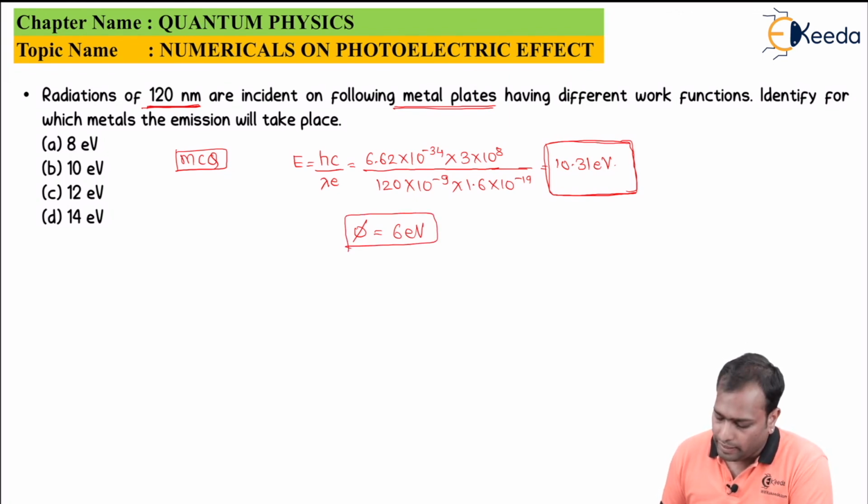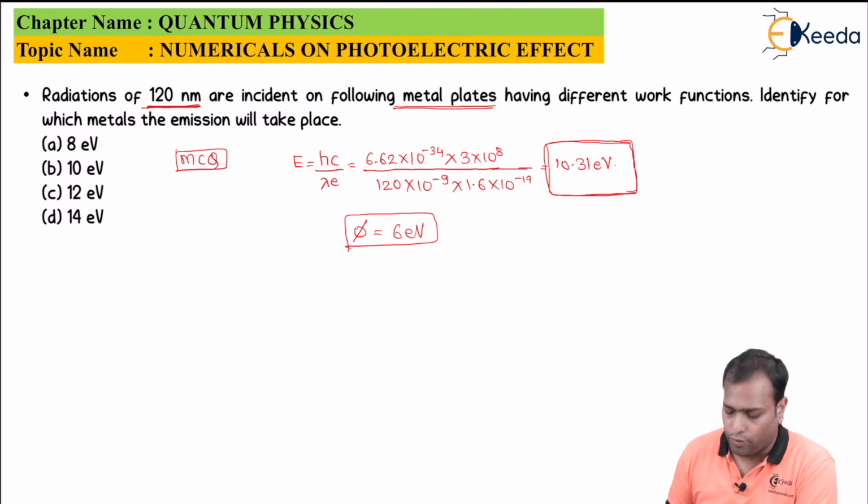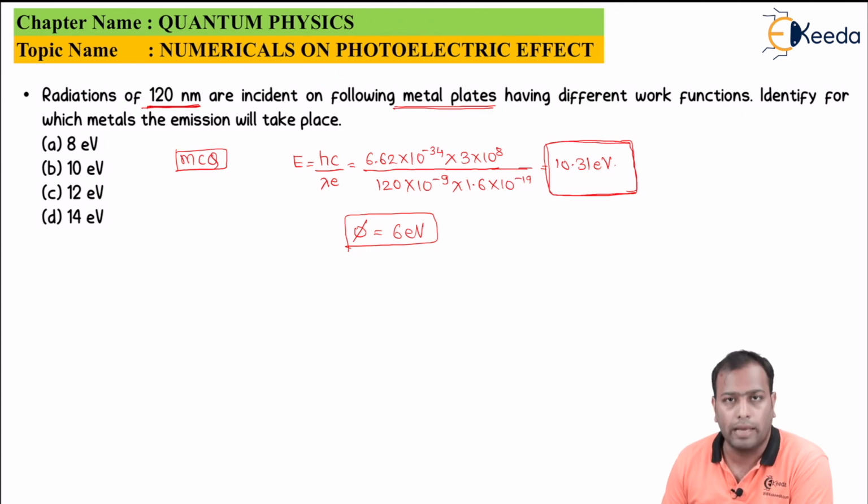In an example where I'm taking the value of work function as 6 electron volt, it means that the metal would take 6 electron volts for the electron to just come out of the surface and begin emission. So any energy above 6 electron volt would definitely make the emission go through.